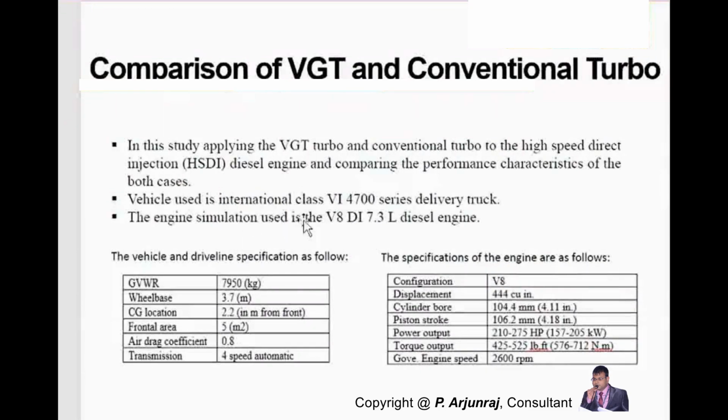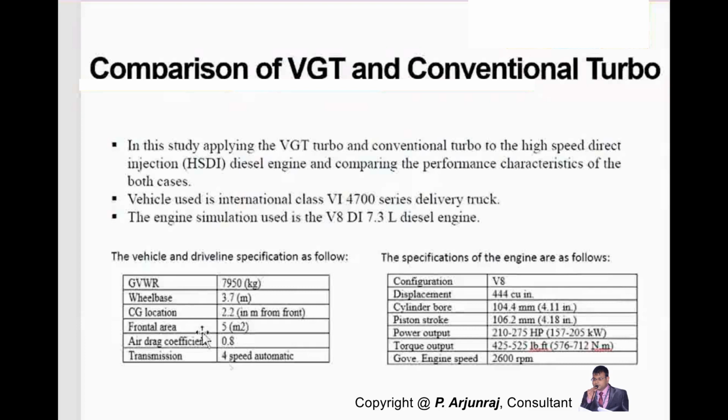The vehicle used is an International class Delta truck. So we will see the comparison of what parameter differences we are going to experience between a variable geometry turbocharger and the conventional turbocharger.